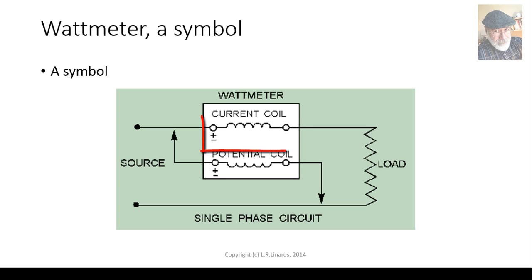You see, it has a current coil through which the current in the load will flow, and it has a potential coil that will be serving as a voltmeter across the load. If the wattmeter is ideal, which is our assumption in the following exercises, the voltage drop across the current coil is 0. So it behaves as an ideal ammeter, and the current through the potential coil is 0 amps.